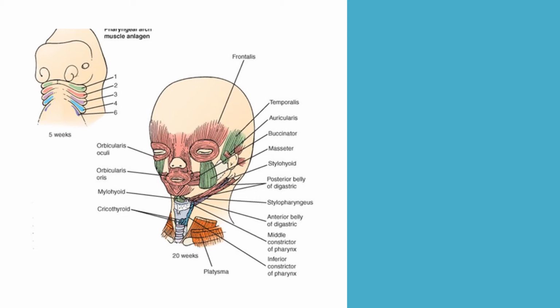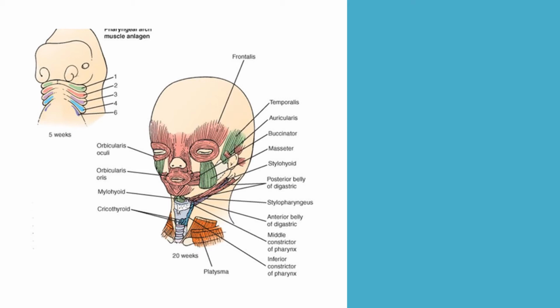First we will see the first arch. Previously we have seen that the first arch nerve supply is the mandibular nerve. So what muscles is the mandibular nerve supplying, we have to think about.